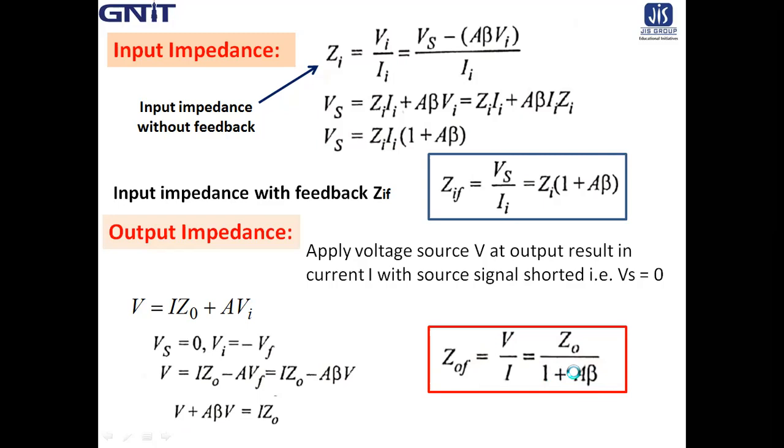Thus the output impedance of the feedback amplifier is reduced by a factor of 1 plus A beta.